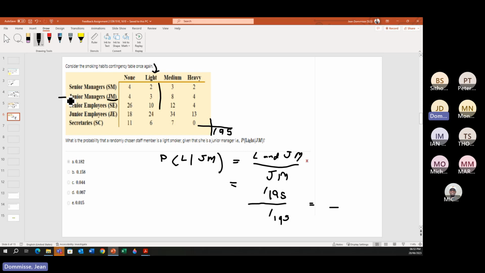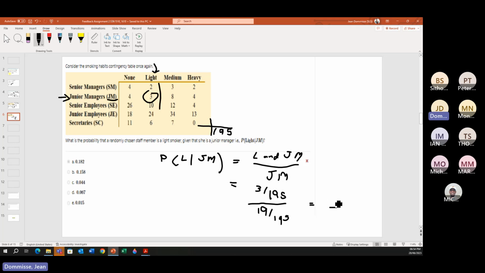Okay, junior manager and light. Junior manager, light, so there it was only 3. 3 divided by that. How many junior managers? 4 plus 3 plus 8 plus 4, that is 19.